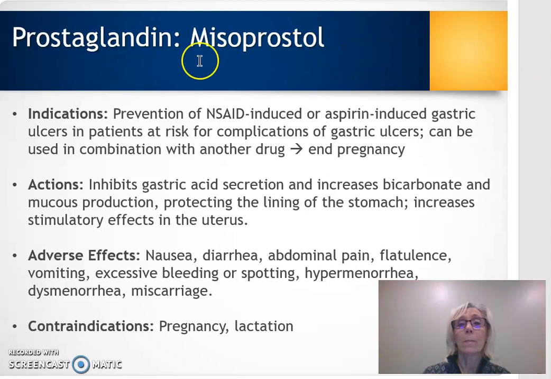This drug can be used in combination with another drug when a pregnancy wants to be terminated. Some of the adverse effects of this, as you can see here, are things such as a miscarriage and some bleeding and spotting, and it's because of what it's doing in the uterus. And that's why it's contraindicated in pregnancy and lactation.